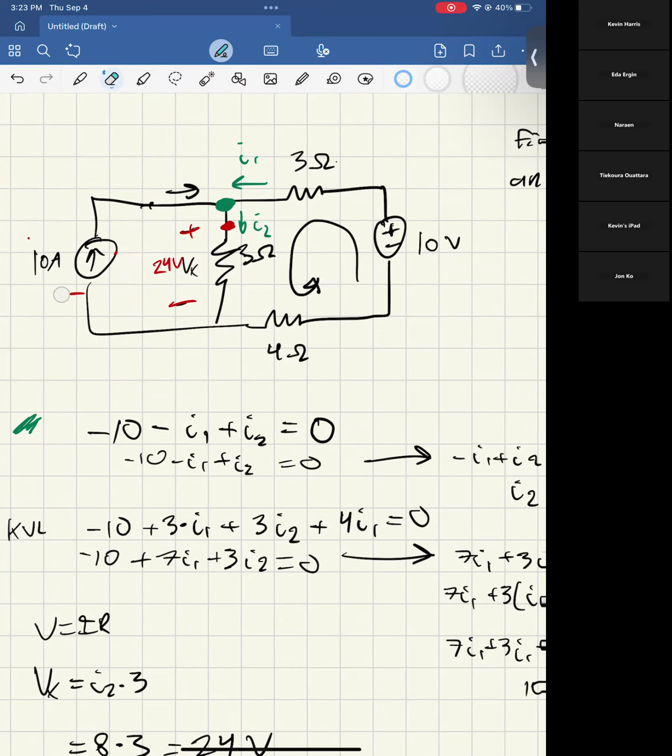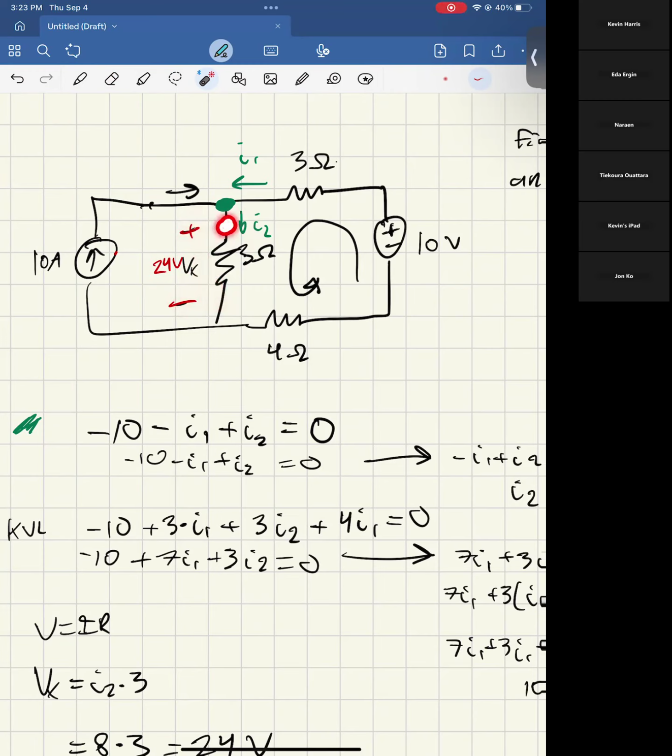So you understand that we found the voltage across this resistor to be 24 volts, right? And what that is saying is that in the direction of current flow, I2, there is a voltage drop of 24 volts between this point and this point, right?